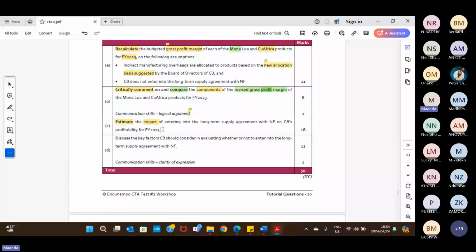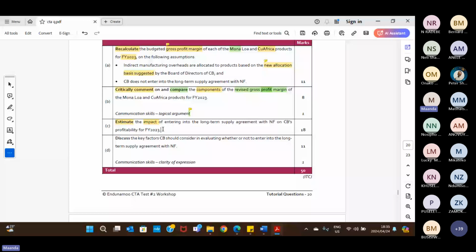And then I might also need to stop selling some of the things that I'm selling, because maybe I won't have the capacity to do everything together, right? So what will be the impact of this agreement coming in? What is it going to cost? What will be the cost and effect of this new agreement?